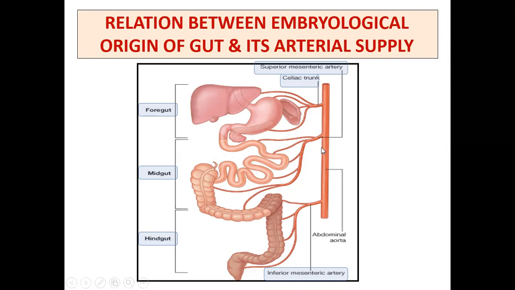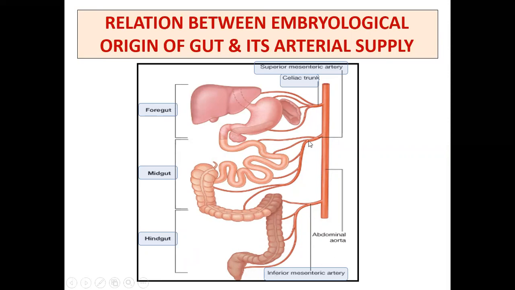From there, the celiac trunk supplies the foregut, the midgut is supplied by the superior mesenteric artery, and the hindgut, from this junction up to the rectum, is supplied by its own artery. This whole thing is developed from the hindgut. When you study development, you will come to know the foregut, midgut, and hindgut. There is a specific artery for this part, called the inferior mesenteric artery.